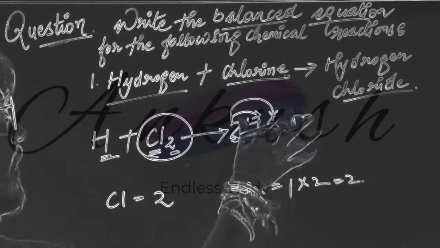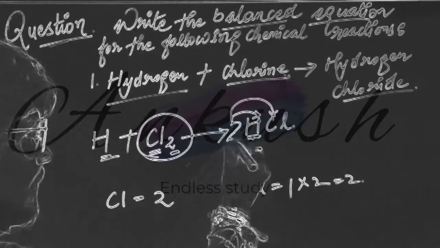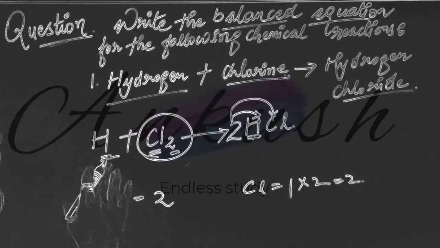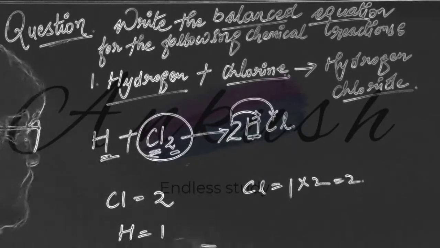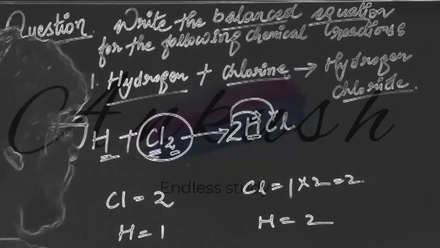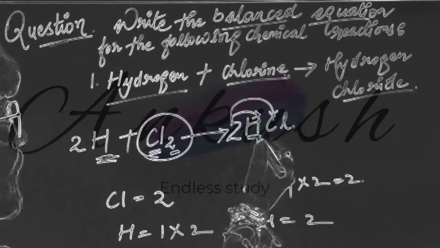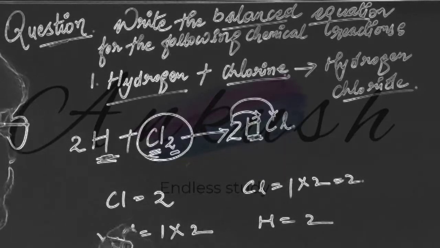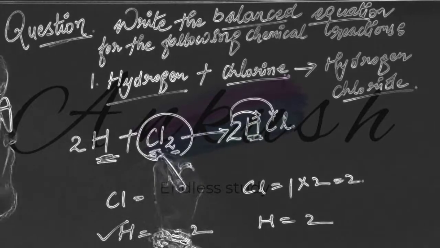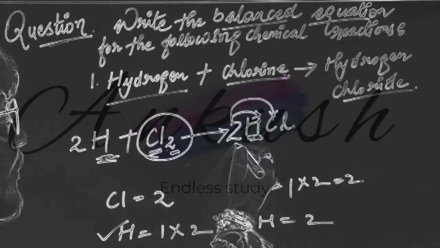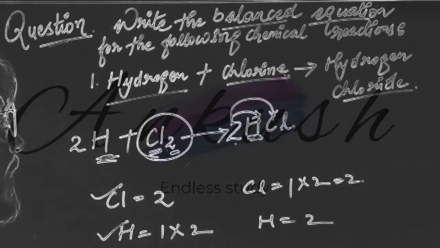Here hydrogens are 2 and here hydrogen is 1. So if we write 2 here, now here also hydrogen 2, here also hydrogen 2. Hydrogen balanced. Chlorine here 2 and here also chlorine 2. So chlorine is also balanced.